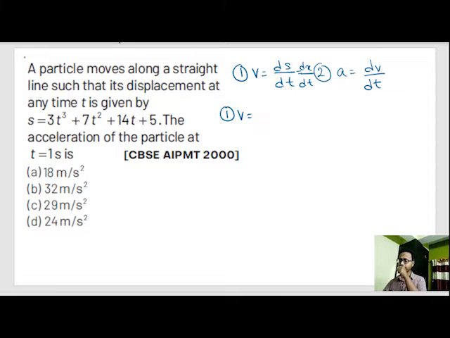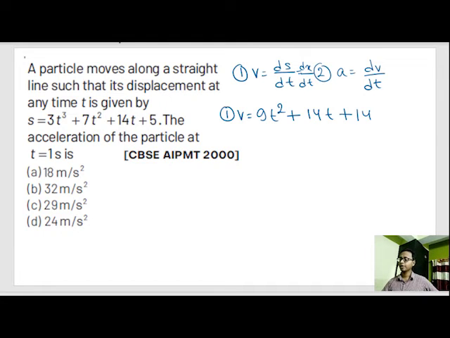The velocity is equal to the differentiation of 3t cube, which becomes 3 into 3, 9t raised to the power 3 minus 1, that means 2, plus 7t square becomes 7 into 2, which is 14t raised to the power 2 minus 1, that means t to the power 1, plus 14, plus differentiation of constant becomes 0.